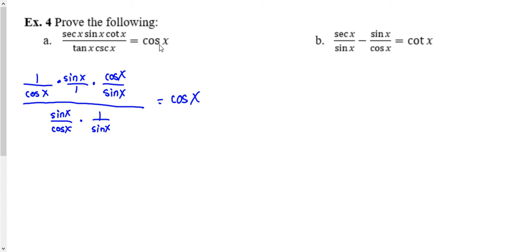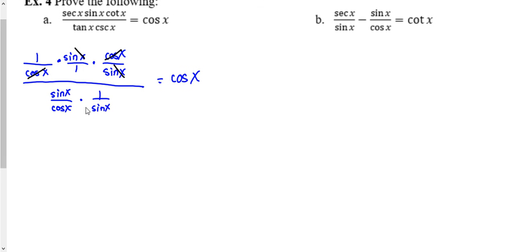So let's see if we can clean up a few things. Cos x denominator cancels out with cos x numerator. Sin x numerator cancels out with sin x denominator, leaving you with 1 overall up top there. Over here, sin x, cos x, leaving you with 1 over cos. So let's rewrite what we have.